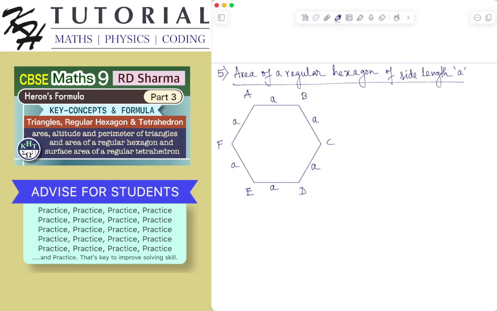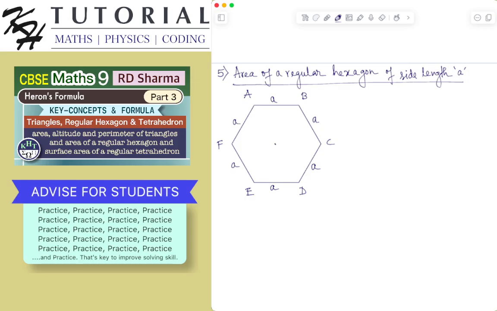Now, the concept is that one property of any regular polygon, that is a regular polygon of any number of sides, this is a regular hexagon that is having six sides, a regular polygon of any number of sides n: all the perpendicular bisectors of the sides will intersect at some point, which is known as the center.